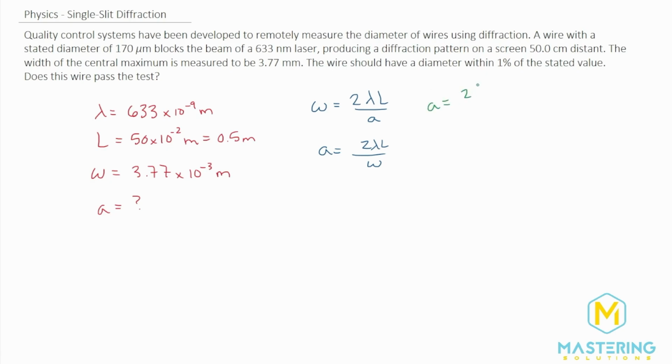So A is equal to 2 times lambda, 633 times 10 to the negative 9 meters, times L, which we said was 50 times 10 to the negative 2 meters. All that gets divided by W, or the width of the central maximum, and that is 3.77 times 10 to the negative 3 meters for millimeters.